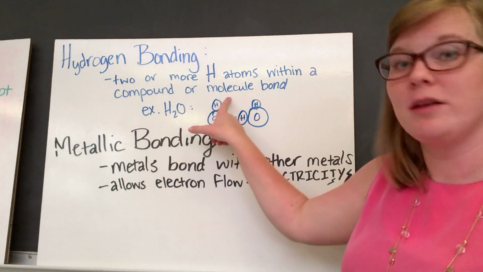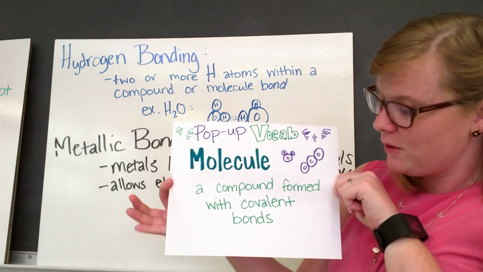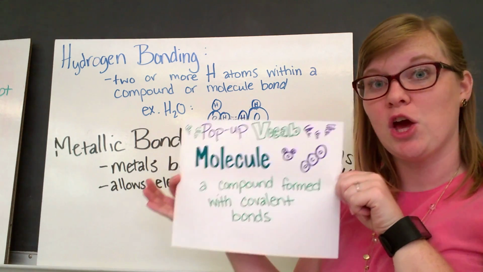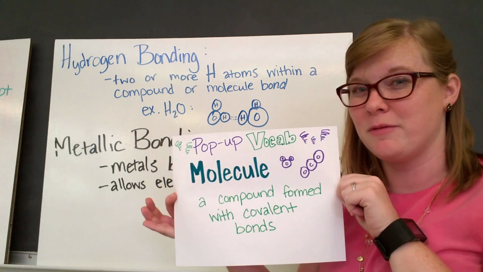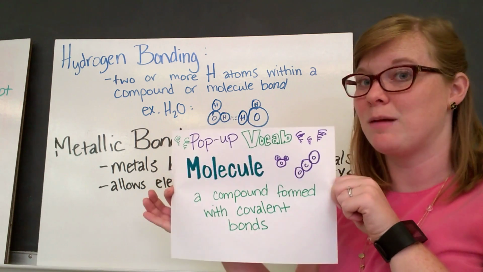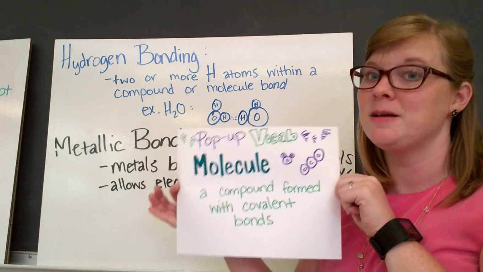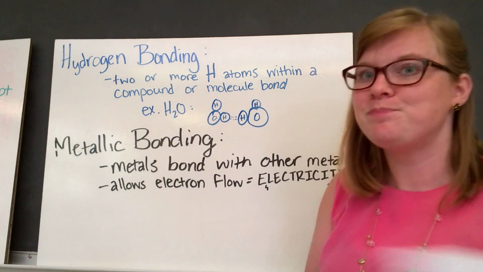So that's where that word molecule comes in, and pop-up vocab. So a molecule is a compound that's formed with a covalent bond. So if it's a covalent bond, it's a special type of compound called a molecule. So table salt is not a molecule because it's formed with an ionic bond.